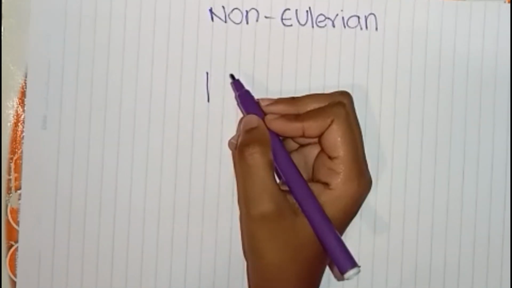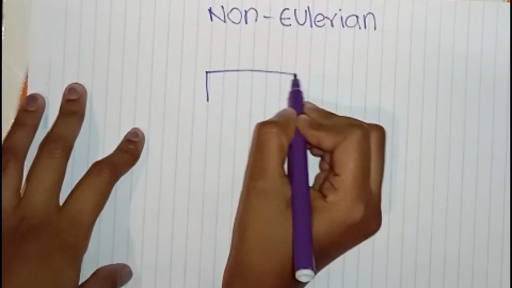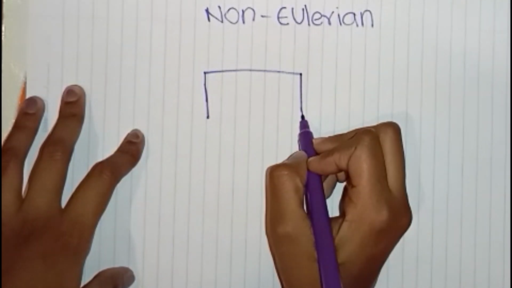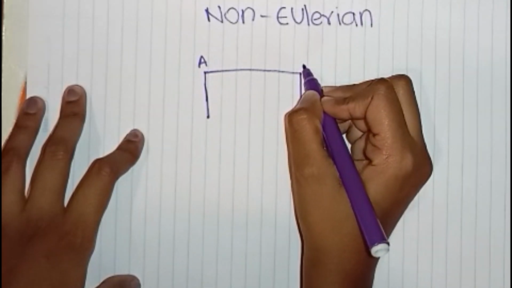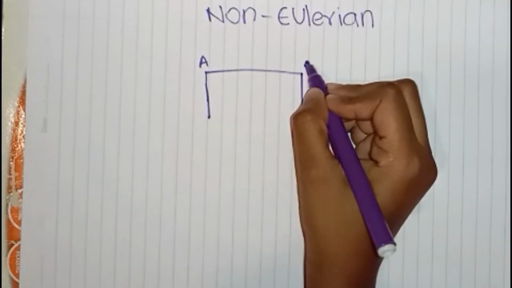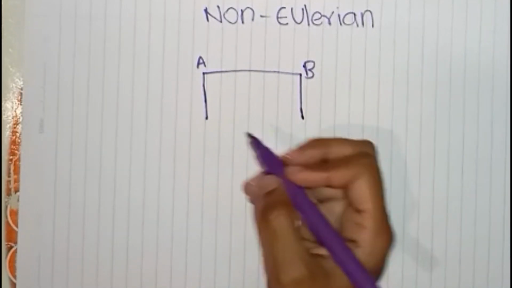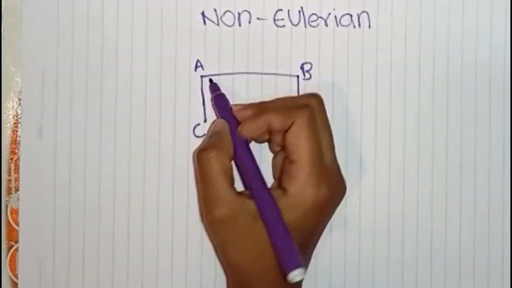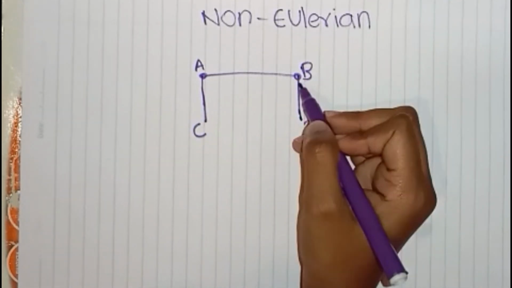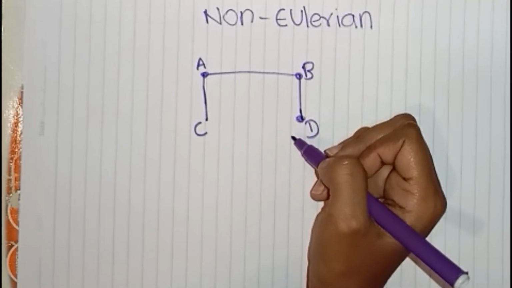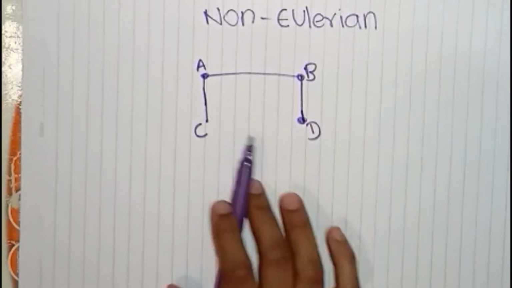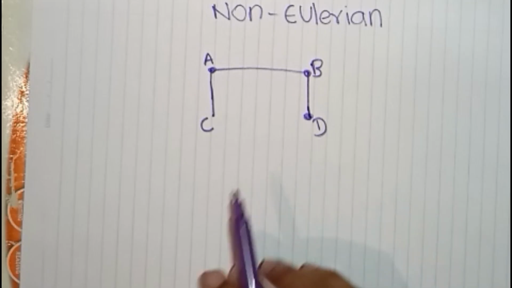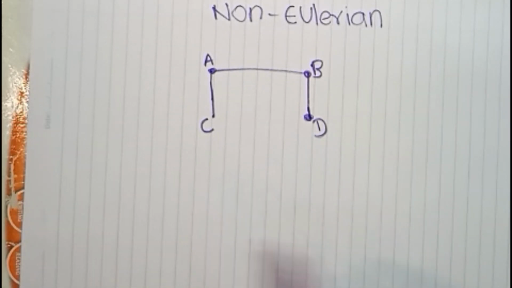Let's draw A, B, C, D. From A to B, B to D. And there's no path to traverse to the point C. So this diagram is non-Eulerian.